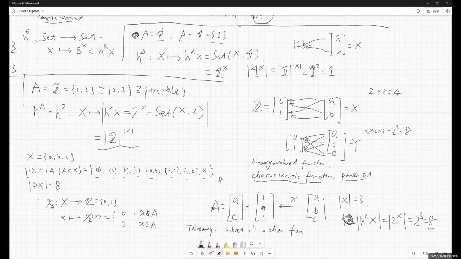This 8 is the number of characteristic functions, and it's also the number of all the subsets. So the cardinality of the power set is 8. This 8 is this 8. So we have a one-to-one correspondence or isomorphism between the power set and the set of characteristic functions.